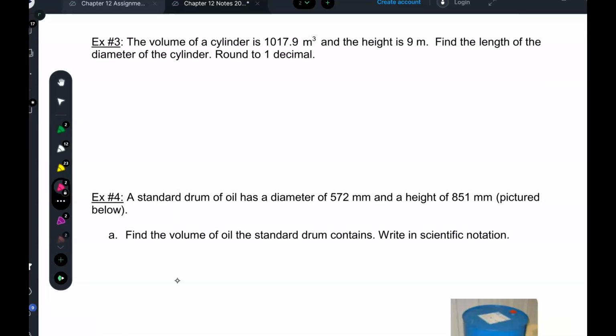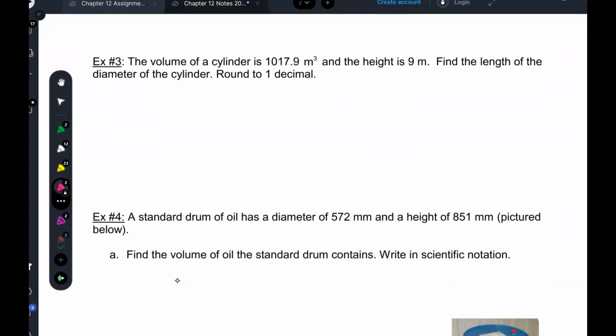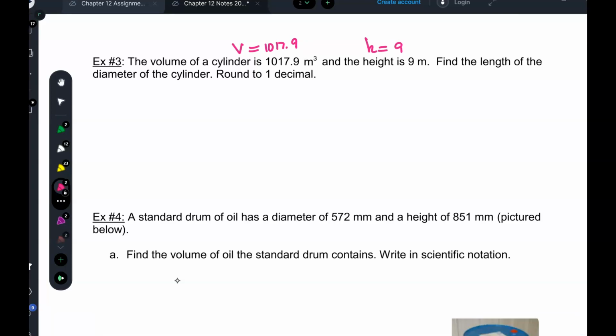Okay. Wait, what is it? 72 pi. Okay, now the volume of a cylinder is given as 1,117.9 cubic meters, and we know the height. So here, volume is this, and the height is 9 meters. Can you just do 1,117.9 equals pi times d?